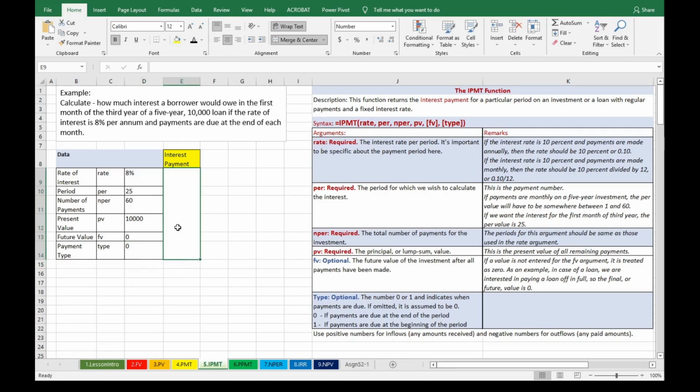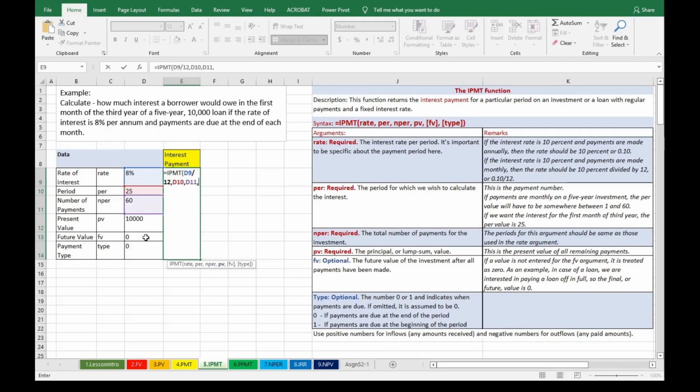So let's put our function here: equals IPMT, and then we want the rate of 8% divided by 12 because of monthly payments. Then PER is 25. Then NPER is 60.